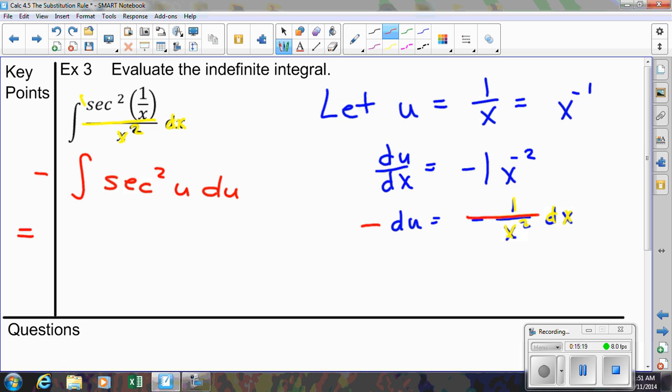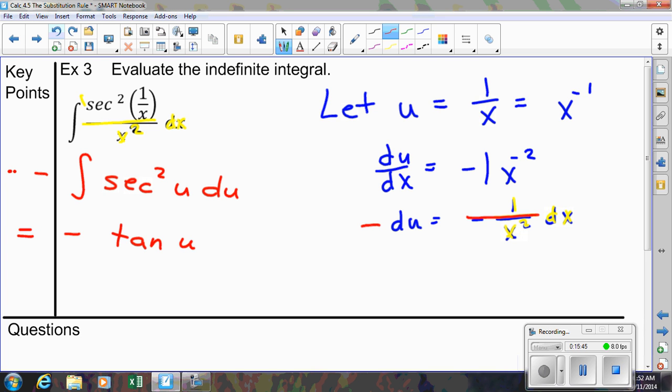From here, let's use our formulas. What is the antiderivative of secant squared? The integral or antiderivative for secant squared is just tangent. And because we had the negative here on the outside, we'll wind up with the negative there on the outside also.